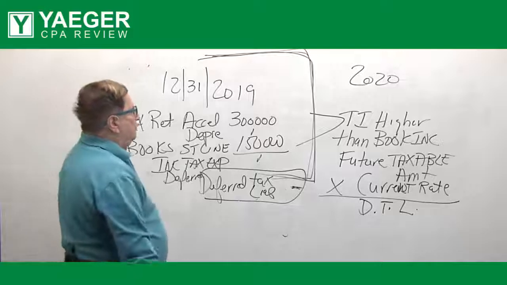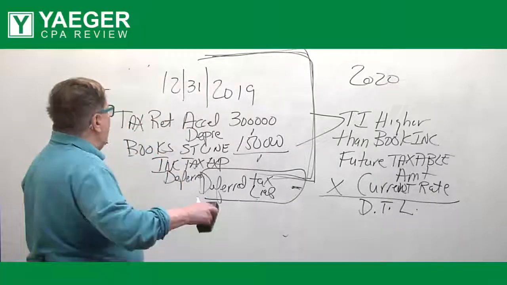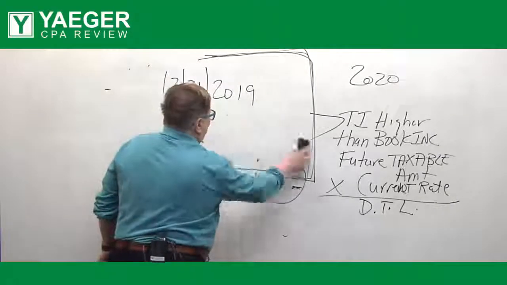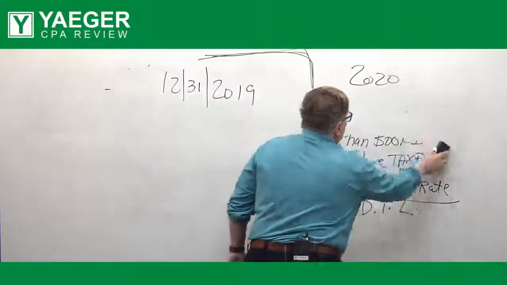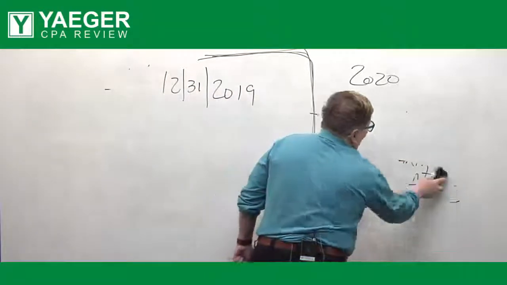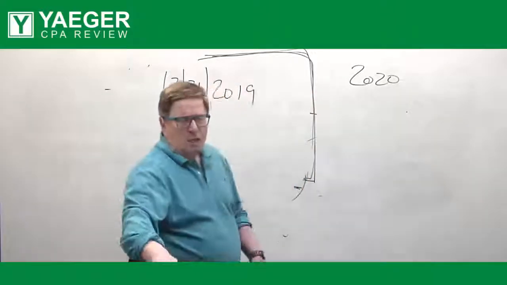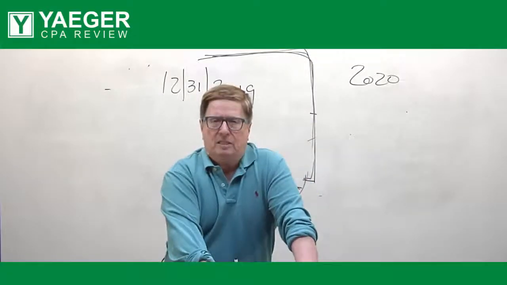Now, the next thing is, what happens if in 2019 we have this situation? We sell merchandise, we sell products, and we also guarantee that if anything happens to those products, we'll repair them, which means we're giving warranties.